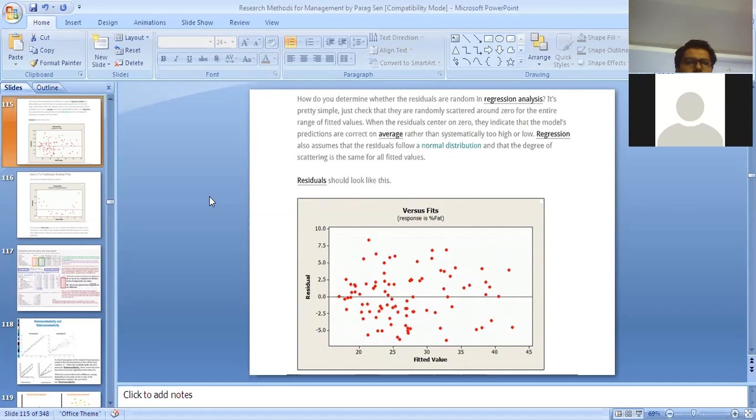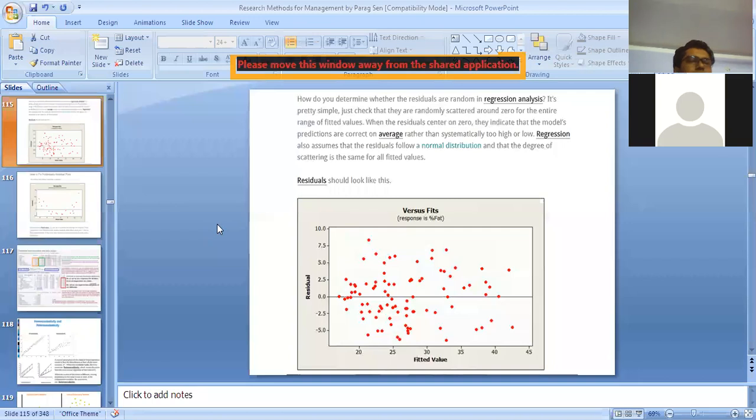But after performing the linear regression, you will see in your Minitab software, or StatGraphics or similar software, that there is an option called residual versus fit.